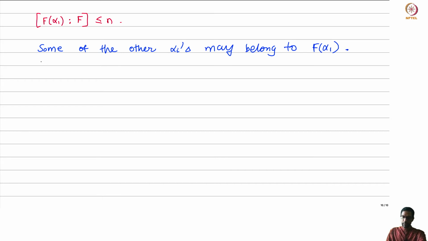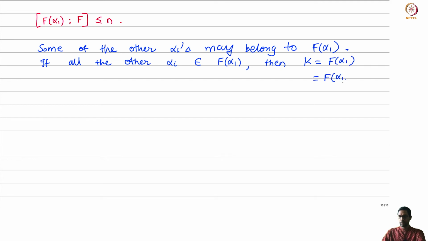Now if all of them belong, then you are done. If all the other alpha i belong to this extension, then that just means that K is just F(alpha 1) itself, because K, remember, is F(alpha 1, alpha 2, ..., alpha n). Okay, and we are done. Why are we done?